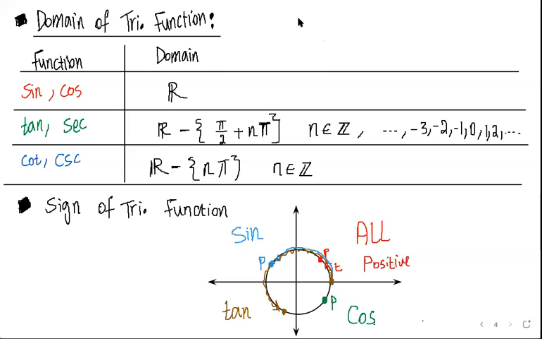So how can I memorize these things? All Students Take Calculus. All from A, Students S, Take T, Calculus C. All Students Take Calculus.